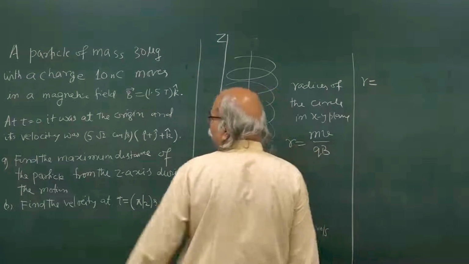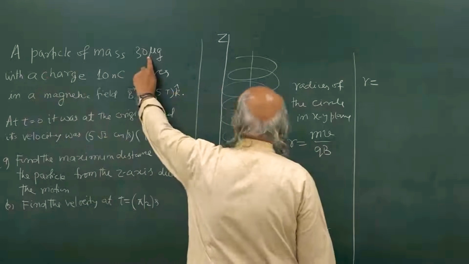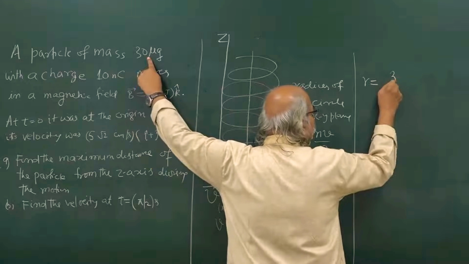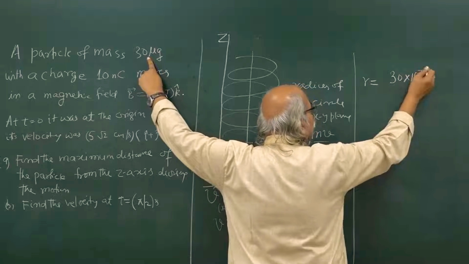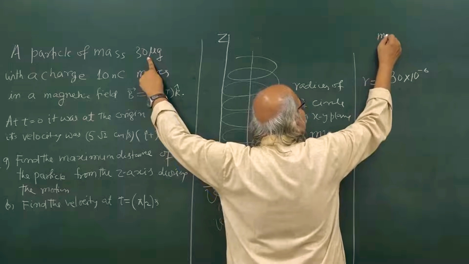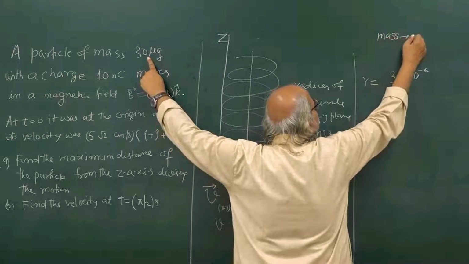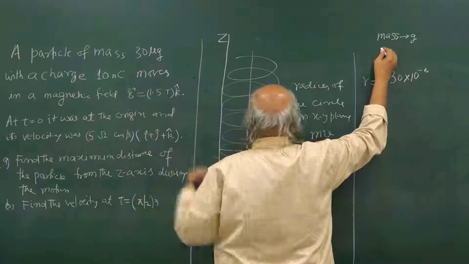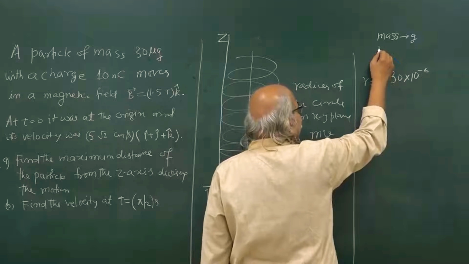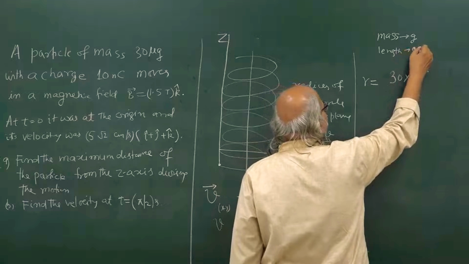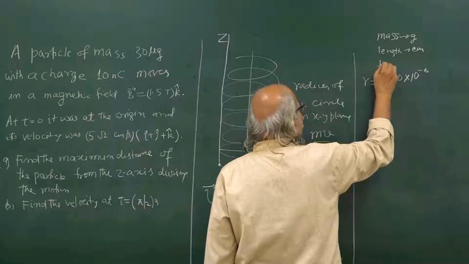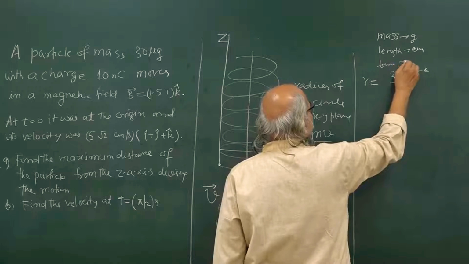The mass of the particle is 30 micrograms. We are taking mass in grams and length in centimeter. If I do not write the unit, you assume that, and time is in seconds.